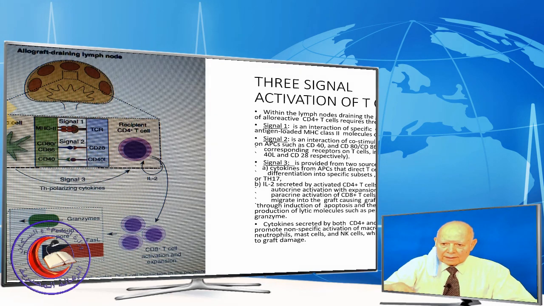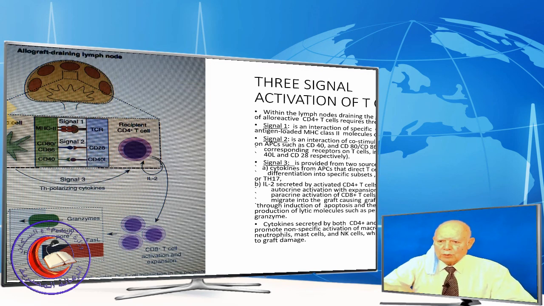The activated T cells then migrate into the graft, causing graft destruction through induction of apoptosis. Apoptosis is programmed cell death, suicide, and also the production of molecules that cause lysis, such as perforin and granzyme, which cause the disruption of the cell membrane of the donor cells, causing their destruction.